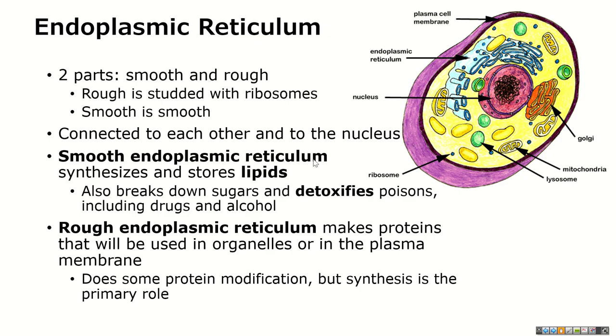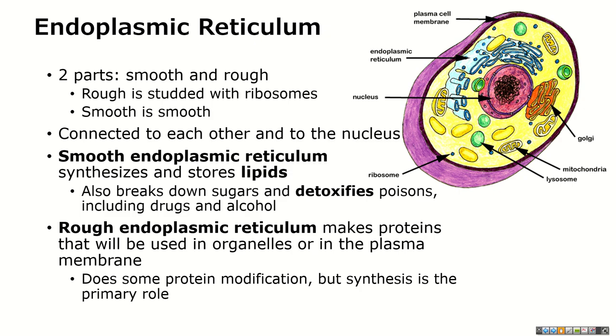The smooth endoplasmic reticulum's main job is to synthesize and store lipids. Those are fats. The phospholipid bilayer, for example, is going to be made by the smooth endoplasmic reticulum. It's also going to break down sugars, and it is going to detoxify things that could be toxic, poisons, but also drugs and alcohol.